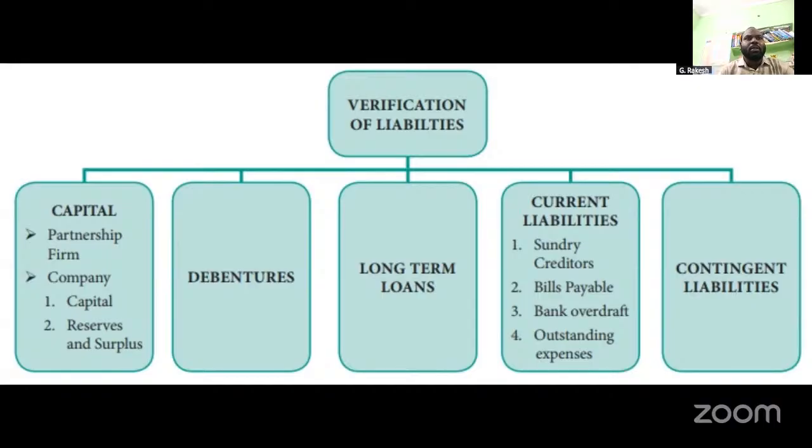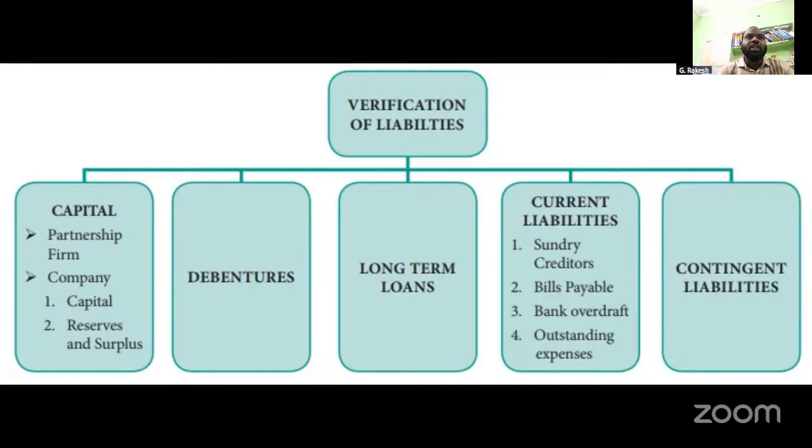Liabilities are the legal obligations of a business organization to third parties. They are in the form of capital, debentures, and long-term loans, or suppliers against goods and expenses, or contingent liabilities, etc. As per this classification, we are going to discuss one by one.